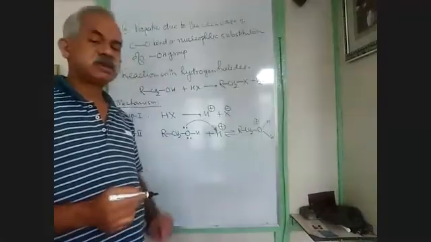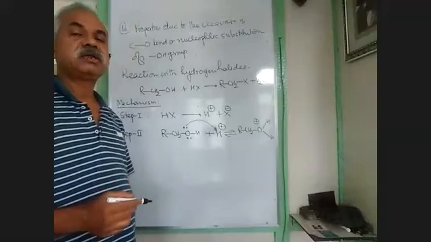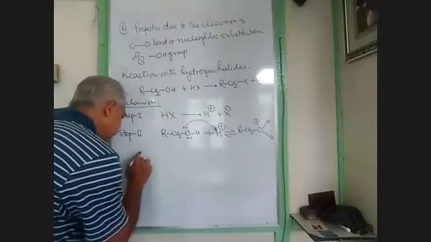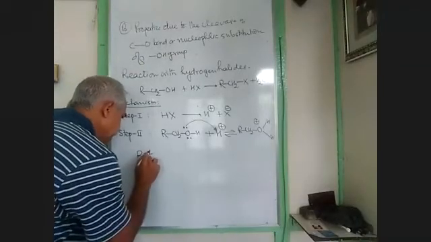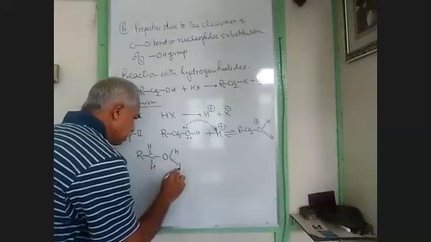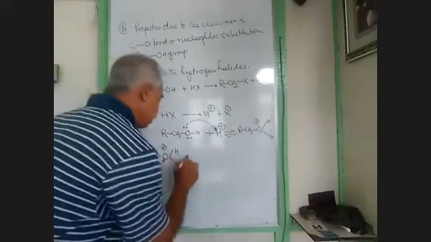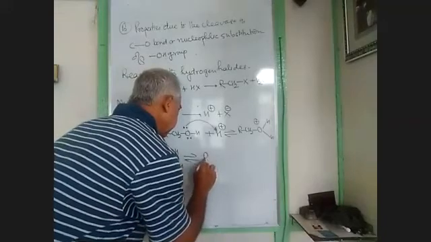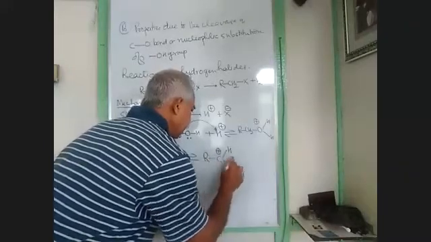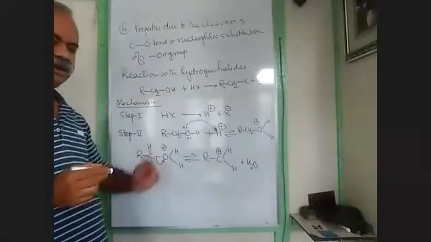Now, this trivalency of oxygen is not stable. Oxygen again likes to go back to its divalent state. So what is going to happen now? See here, R CH2, this bond breaks like this. Then what you will get is R CH2 plus.